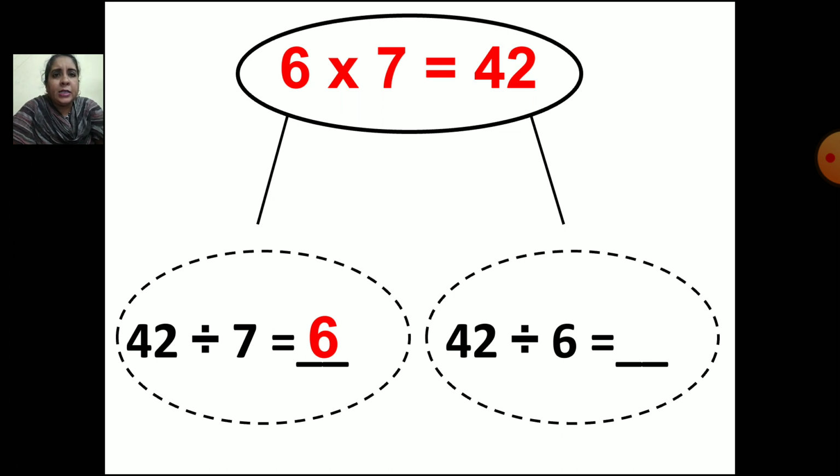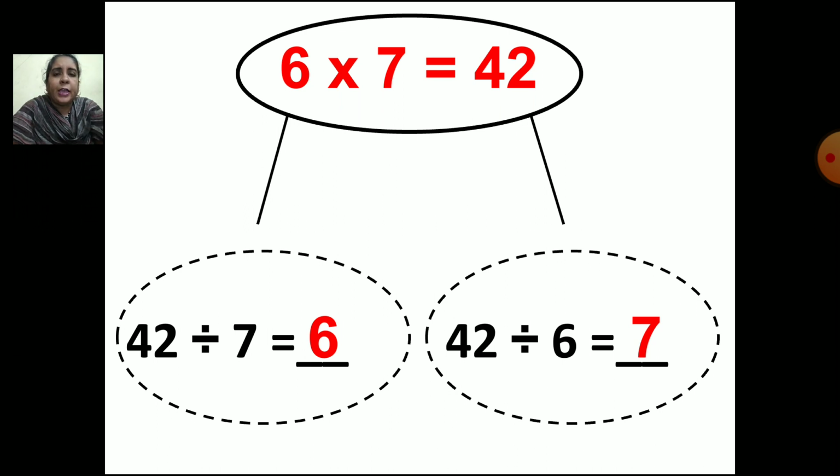6 ones are 6. 6 twos are 12. 6 threes are 18. 6 fours are 24. 6 fives are 30. 6 sixes are 36. And 6 sevens are 42. So what will be your answer there? 7.